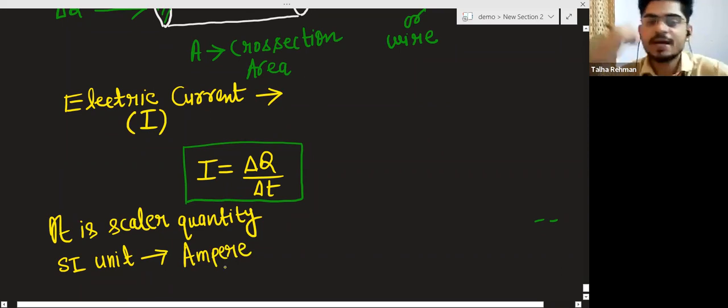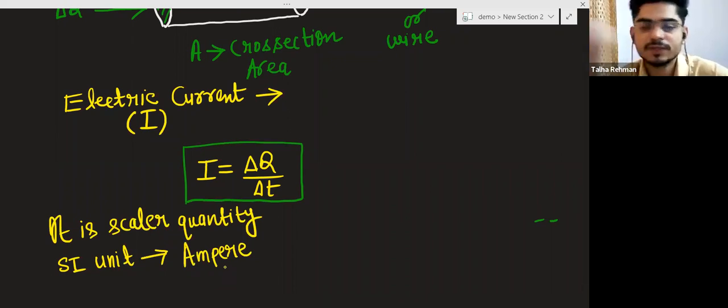Like the SI unit of force is Newton. In the same way, the SI unit of current is ampere.